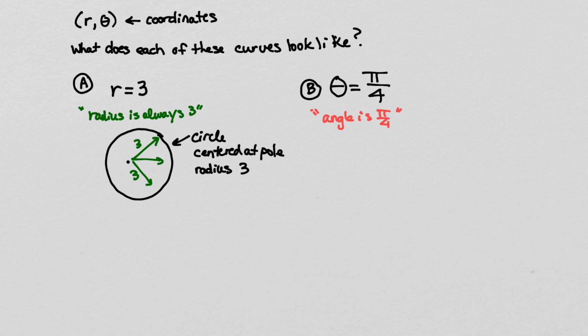Doesn't specify what the radius is, but I could have any radius. And so if you take the pole and you go to an angle of pi over 4, that right there gives me an angle of pi over 4.